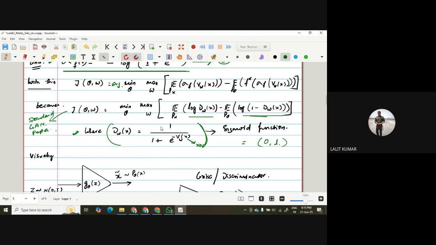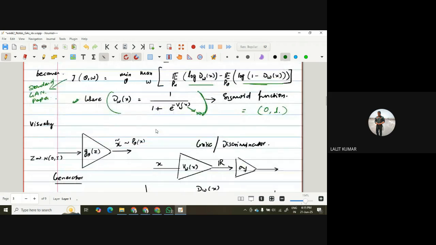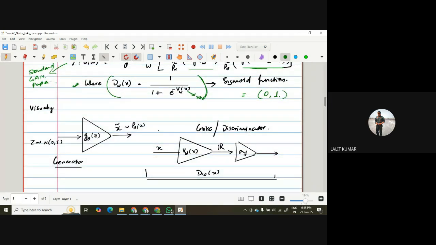Now, if we try to see how it is working visually, this is a generator function. It takes a value z, which is coming from a normal distribution with mean 0 and variance 1. We pass it through a function G theta of z, and from here we are getting x hat, which is coming from P theta of x.